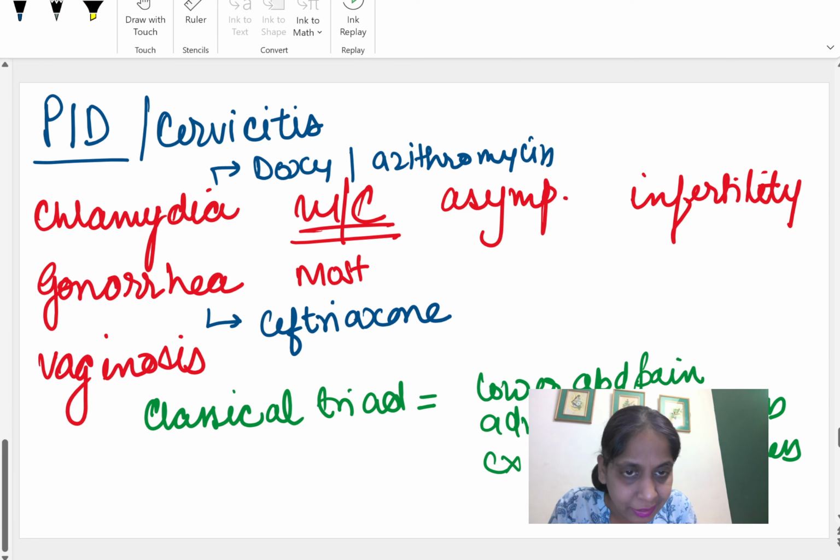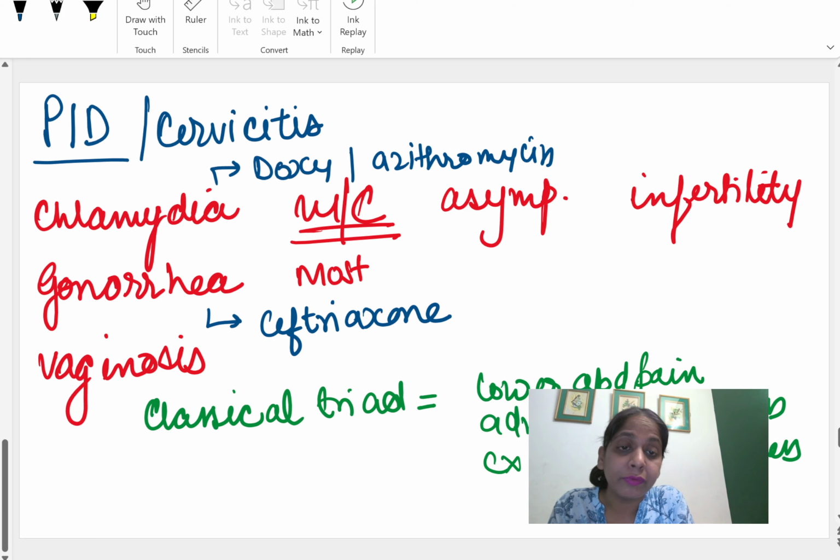You all know that, Neisseria gonorrhoeae, and it causes symptomatic PID. So if your question is about the most common symptomatic PID, you have to mark gonorrhea. The third organism which can also cause PID is bacterial vaginosis or Gardnerella vaginalis. The drug of choice for gonorrhea is ceftriaxone.